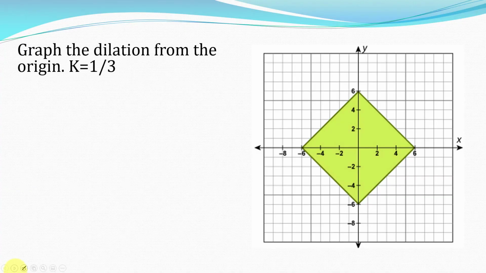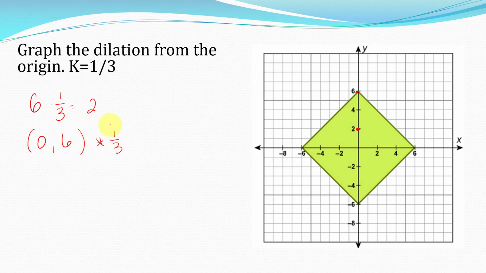Here our scale factor is 1/3. So I'm going to take my coordinate here at 6. So 6 times 1/3 is just going to be 2. So this coordinate is going to come down to 2. This is actually the coordinate 0, 6, right? It's actually 0, 6 times 1/3.